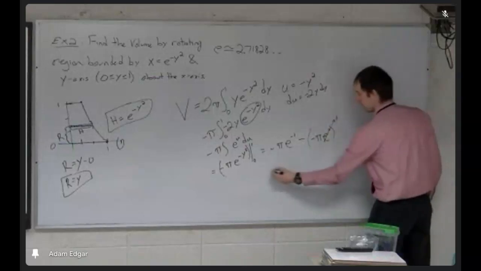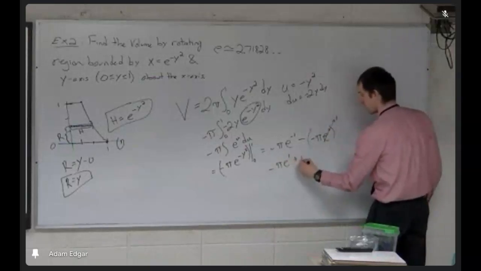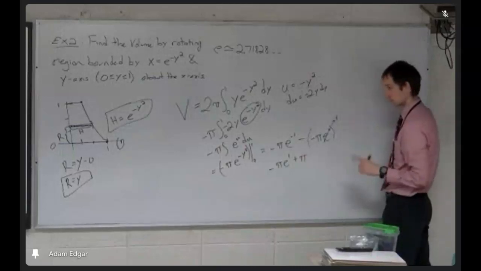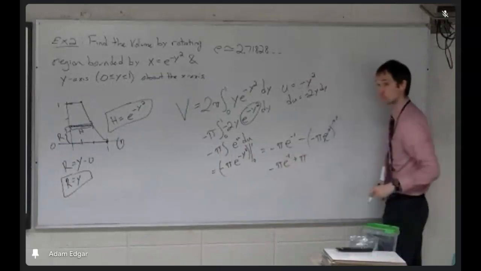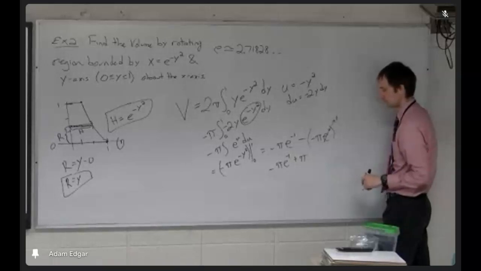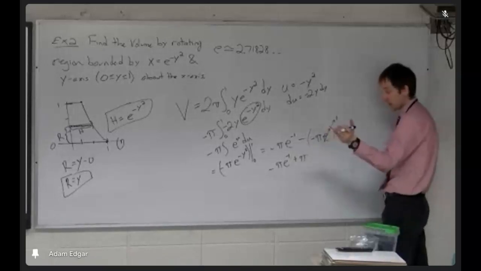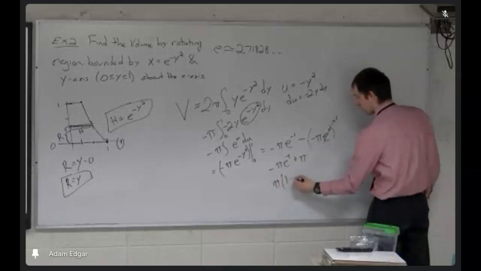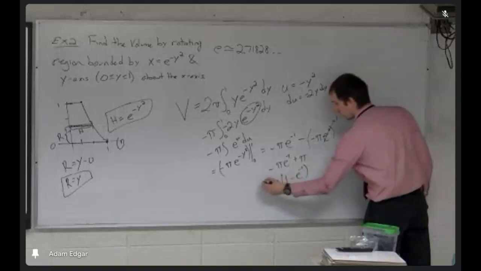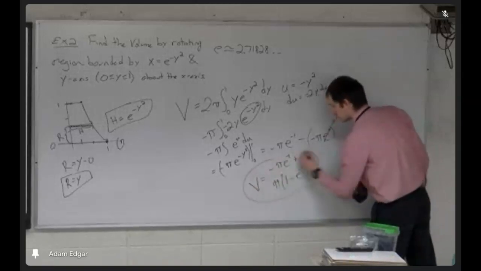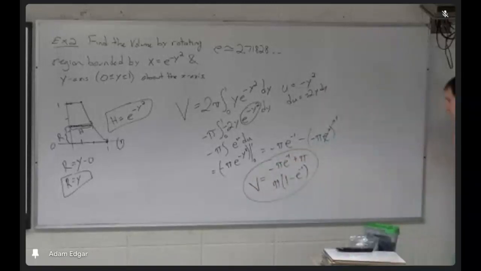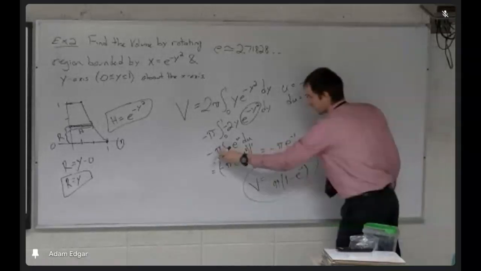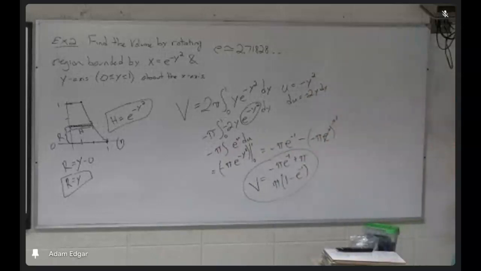So we have negative pi e to the negative 1 plus pi. If you want to factor out the pi, go ahead. So if you want to call this pi times quantity 1 minus e to the negative 1, go for it. But that's your volume. Oh, I distributed the negative pi here, sorry. So, ta-da. That's your volume.